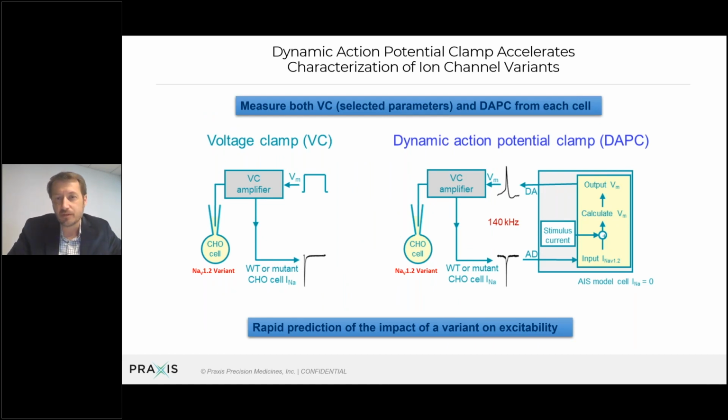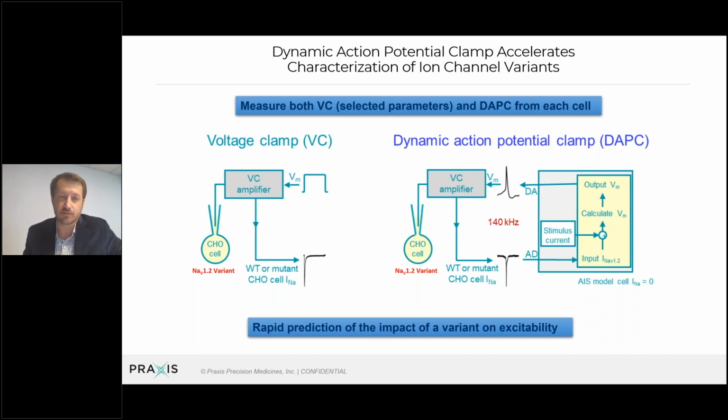So what we've started doing with Metrion, and we're really excited about, is pairing up in these experiments the ability to do voltage clamp and dynamic clamp at the same time. We select what we feel are the most important voltage clamp measurements to have.